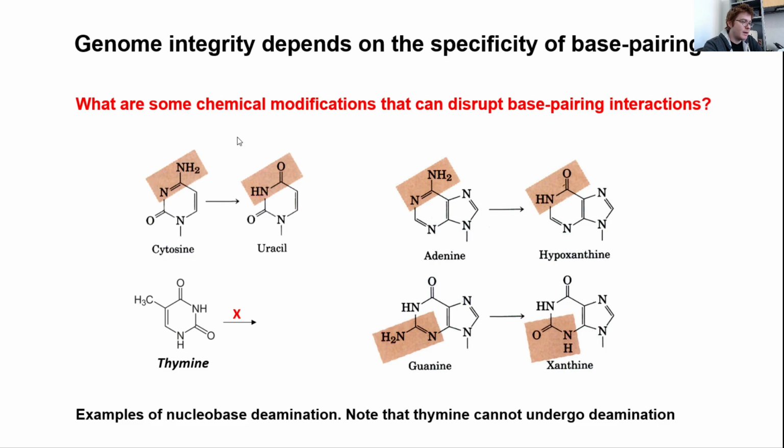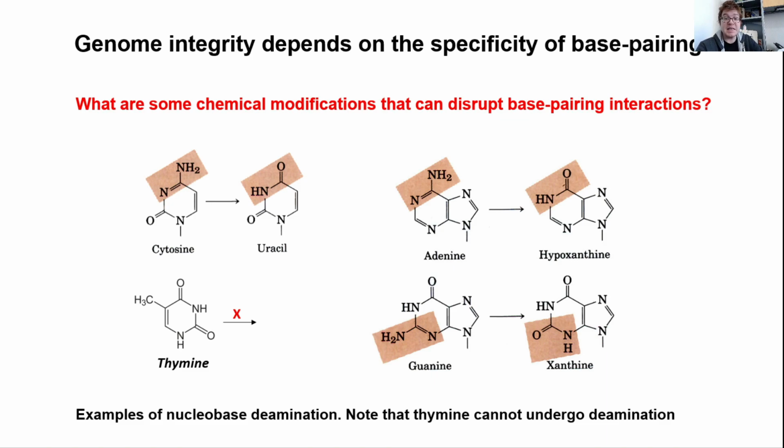And that's kind of a sneaky one, because unlike hypoxanthine and xanthine, where these are not canonical bases that are used for anything, uracil is something that comes up often in terms of base pairing interactions.